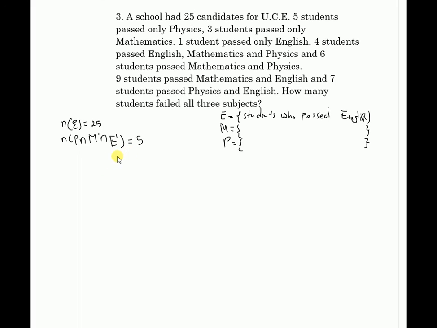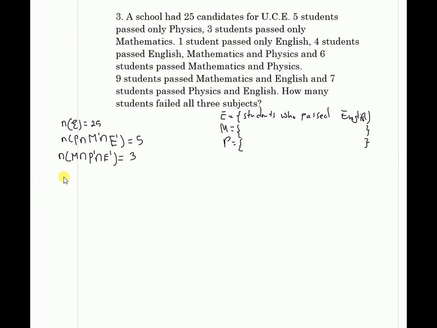That's what it means to pass only physics: failing math, failing English. Then 3 students passed only mathematics. So this is M intersection P complement intersection E complement. That one is equal to 3.